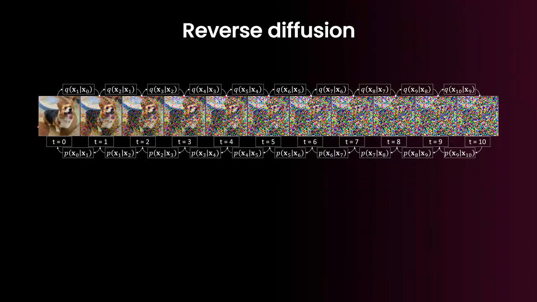So we start with our image of random noise, and then we somehow remove the noise that was added to it in a very structured and controlled manner. So we are trying to reconstruct a clear image.